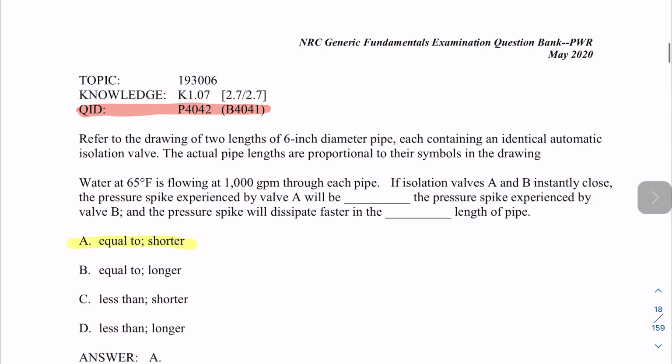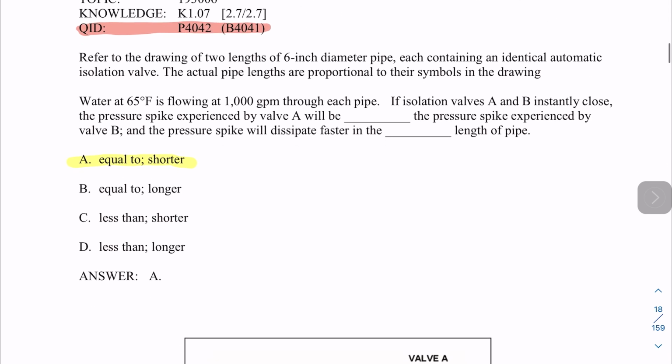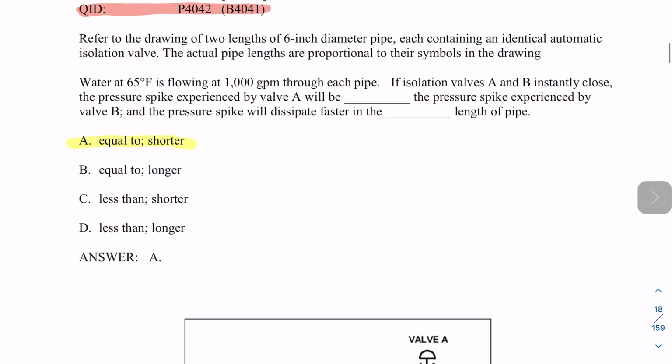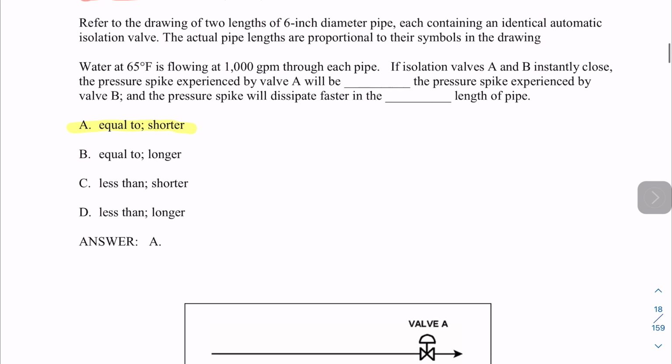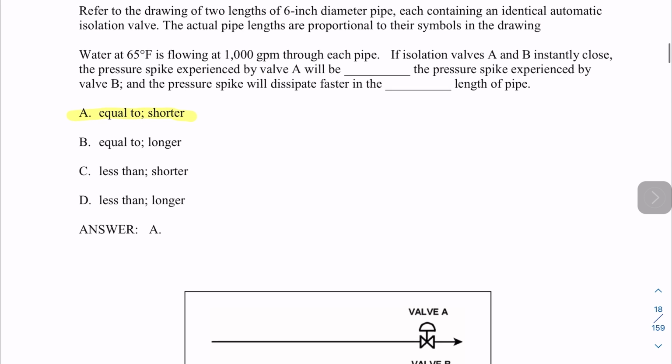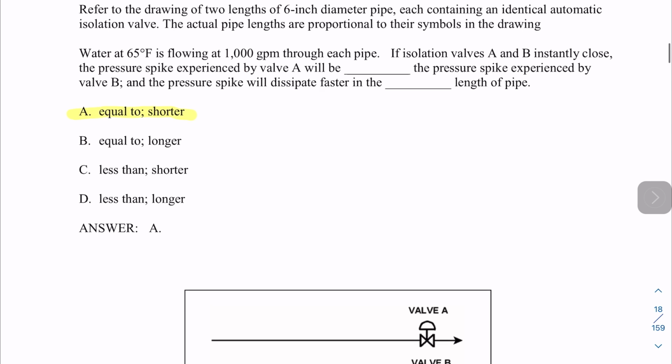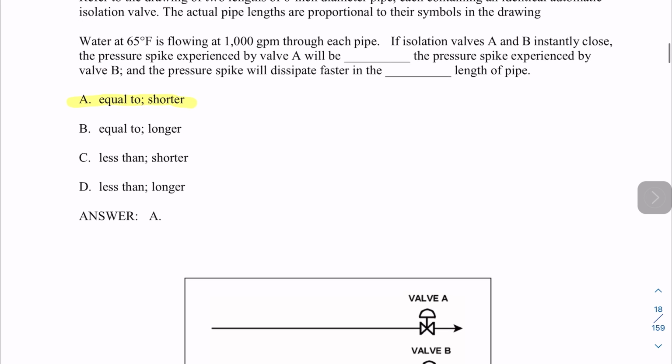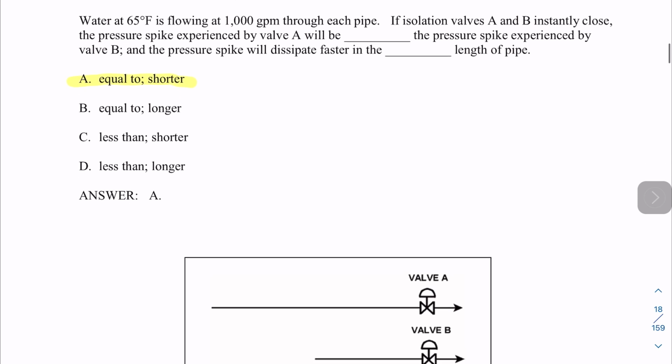Okay, now the next one is P4042. It says, refer to the drawing of two lengths of 6-inch diameter pipes, so they are both the same diameter, each containing an identical automatic isolation valve. The actual pipe lengths are proportional to their symbols in the drawing.